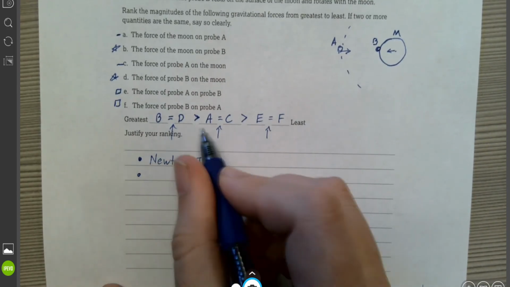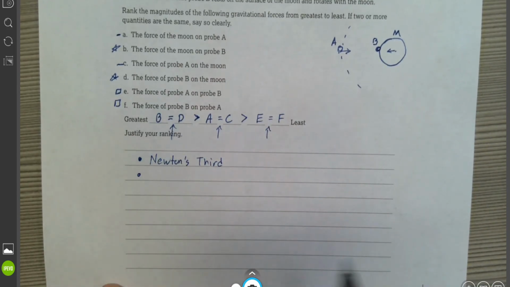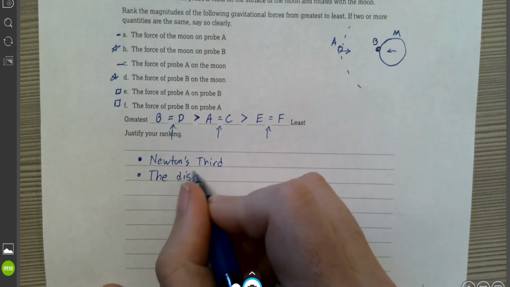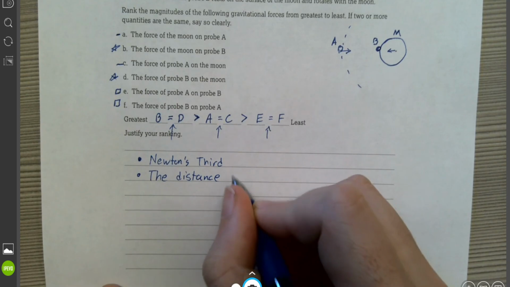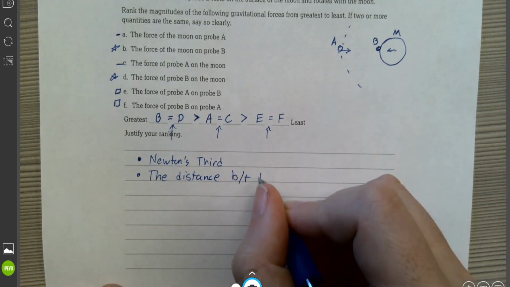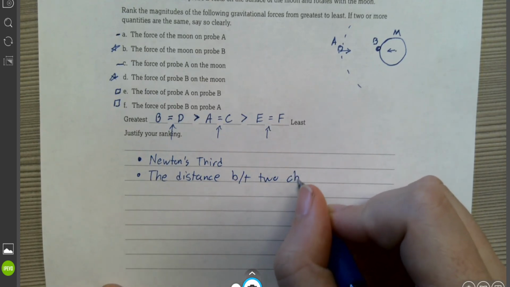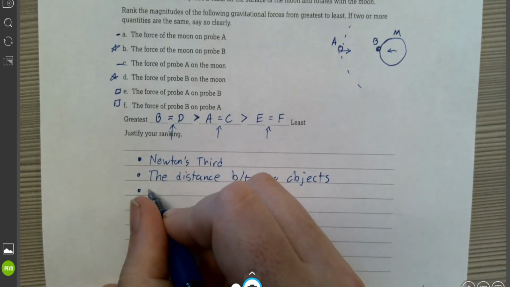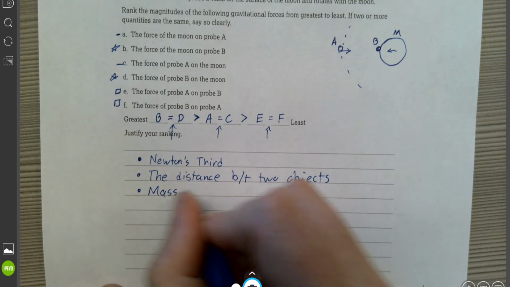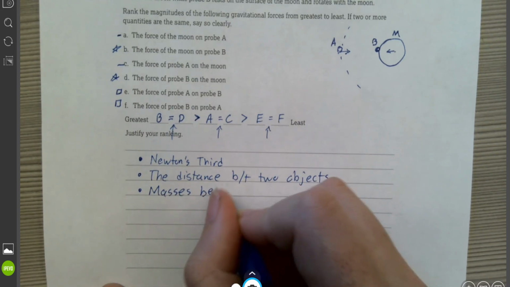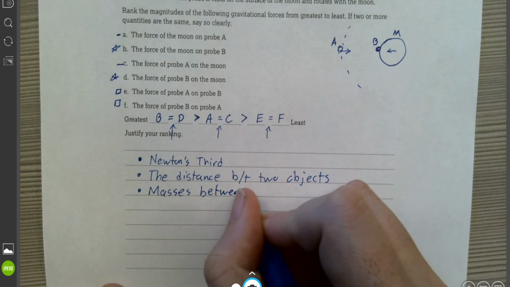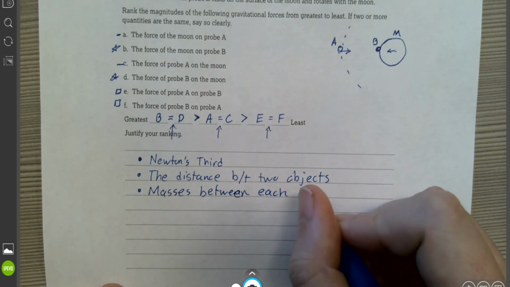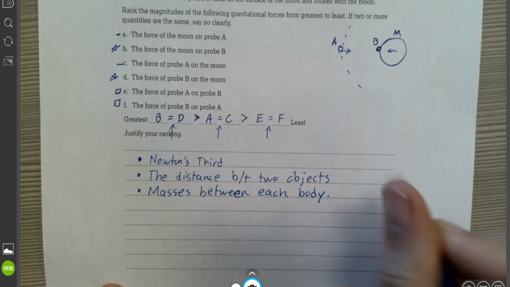Another thing that you have to consider to get a good justification of your ranking is you need to think about the distance between the two objects, and you also need to think about the masses between each body.